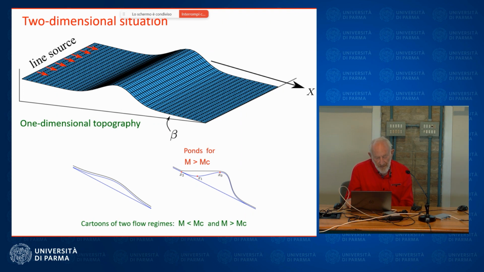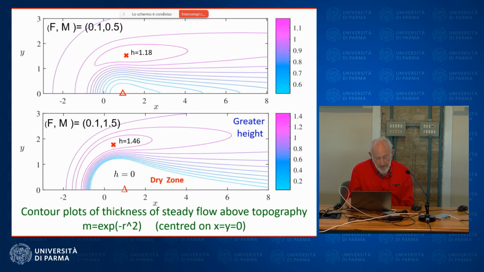The barrier keeps back some of it, not all of it, because what's originated at the line source has to, in the end, go all the way downstream in a two-dimensional situation.